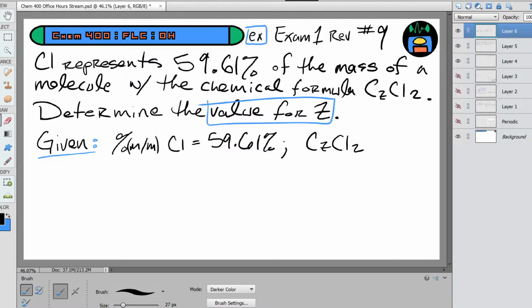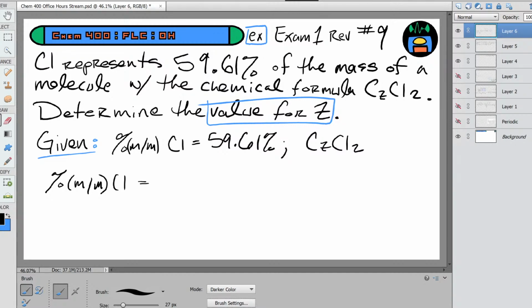Whenever you're given a quantity like percent mass that has a corresponding algebraic equation, it is worth your time to write out what that equation is, because that equation will be clutch to solving your problem. It'll be the roadmap to solving your problem.